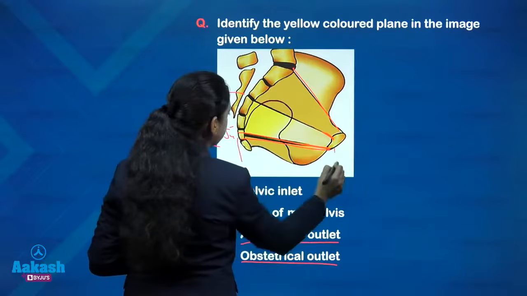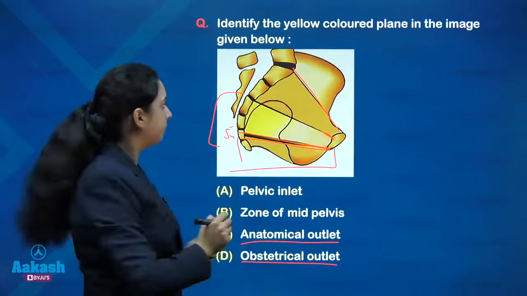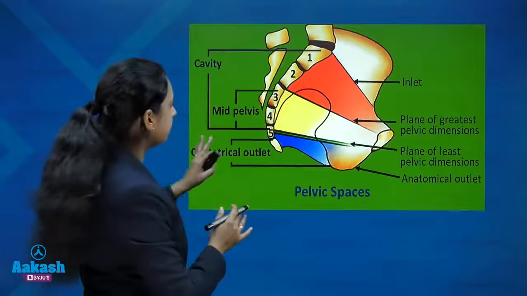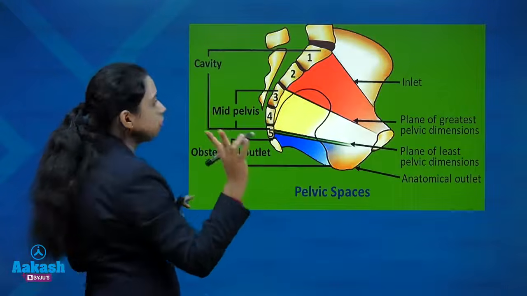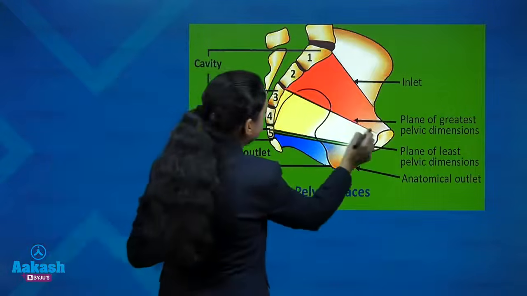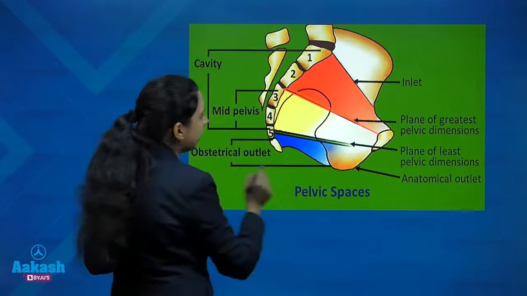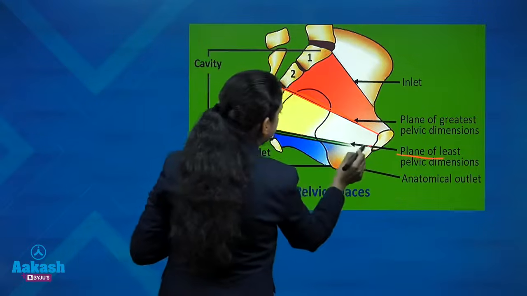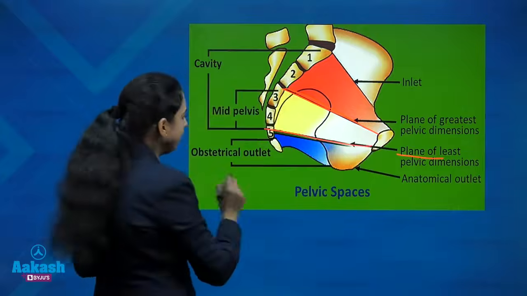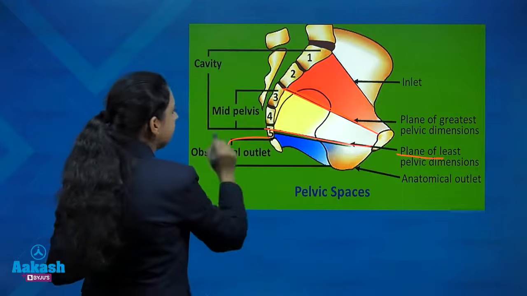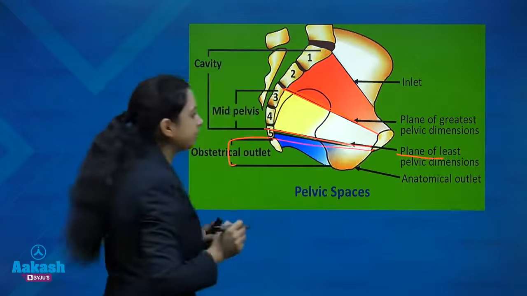So the cavity has two planes: the plane of greatest pelvic dimension from the midpoint to S2, S3, and the plane of least pelvic dimension from here to S4, S5. And the obstetric outlet is from S5 to the lower border of the pubic symphysis.